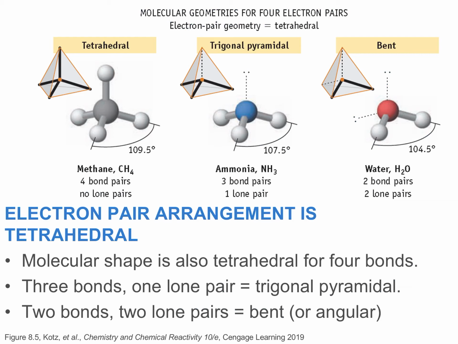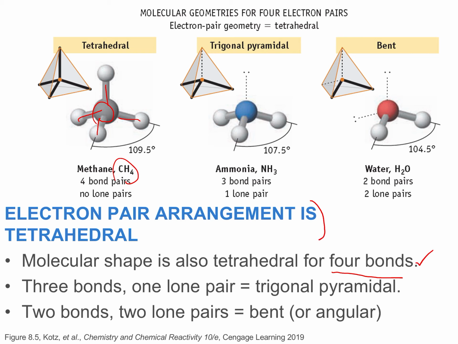If we have a compound like methane, we have a central atom, carbon, and we've got 1, 2, 3, 4 bonds and no lone pairs. So its electron pair arrangement is tetrahedral, and its molecular shape is also tetrahedral.